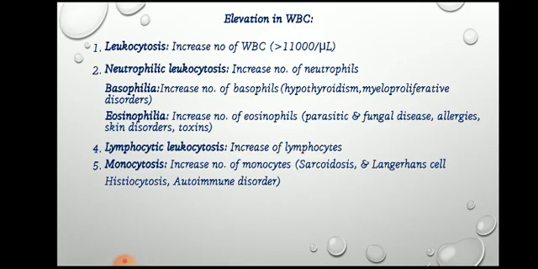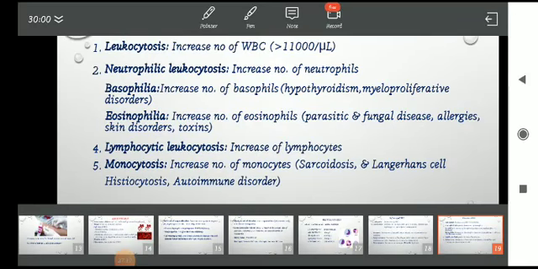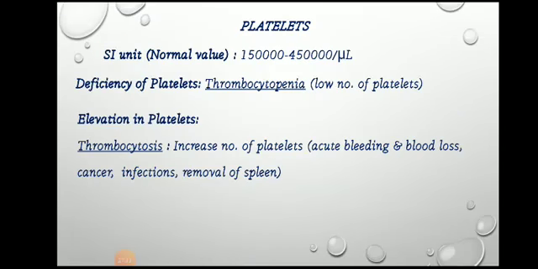Then next is platelets, another important factor of the blood. The normal value for platelets is generally 1,50,000 to 4,50,000 per microliter. The number should be between these ranges.